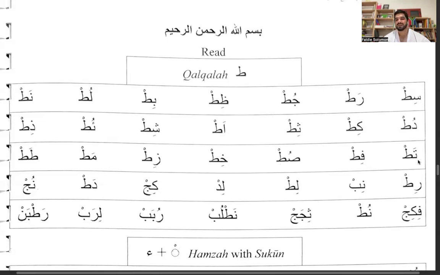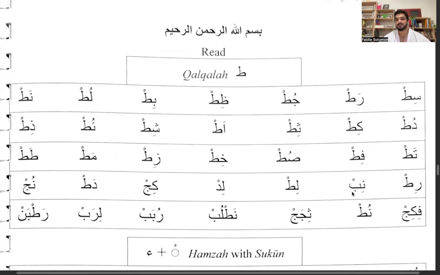All right. Again the round mouth for the sad. Now these last two lines are the four letters of Qalqalah randomly.